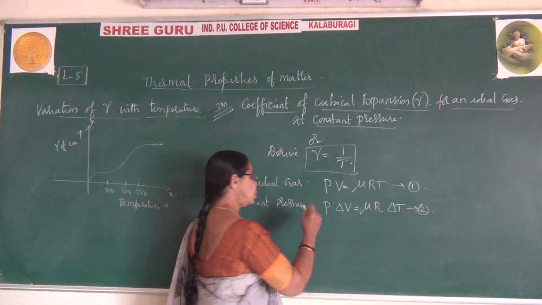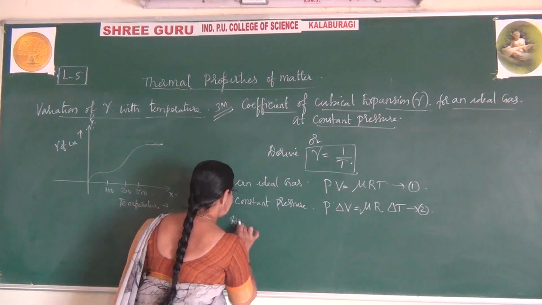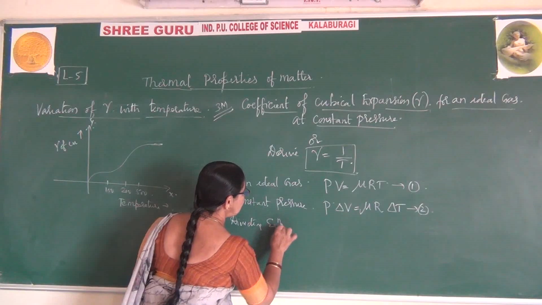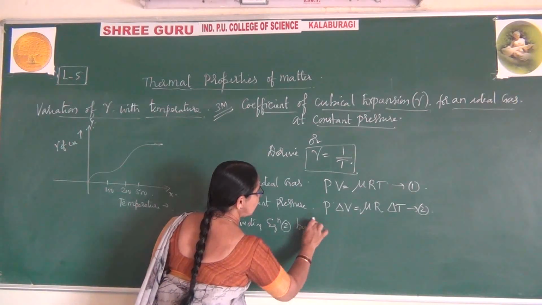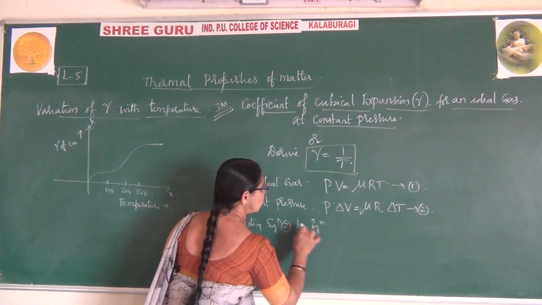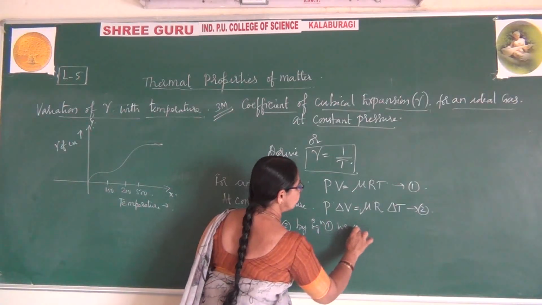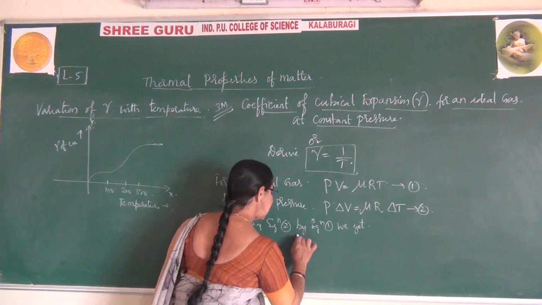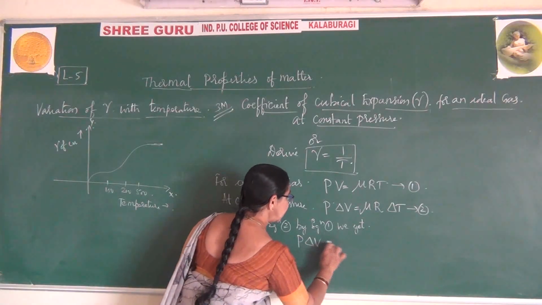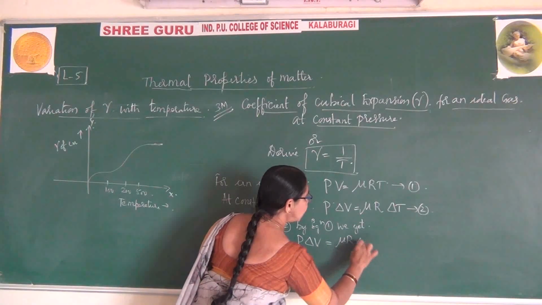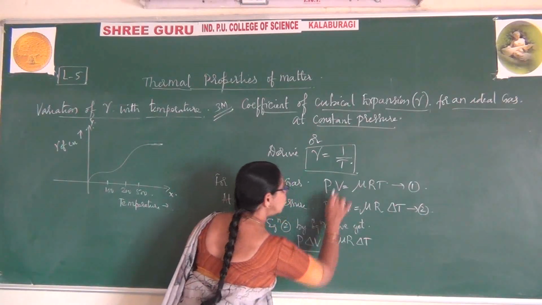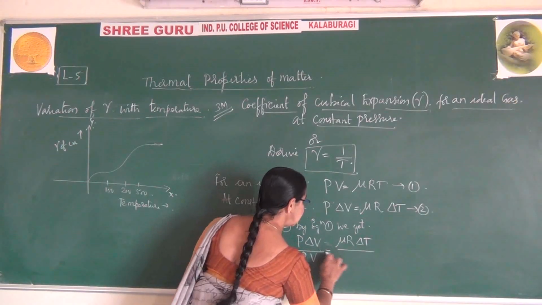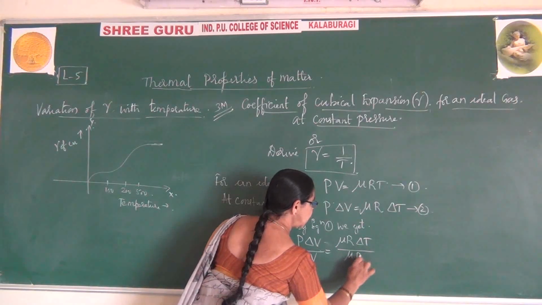Now dividing equation 2 by equation 1. I write P delta V is equal to mu R delta T, divided by PV on this side and mu R T on this side.